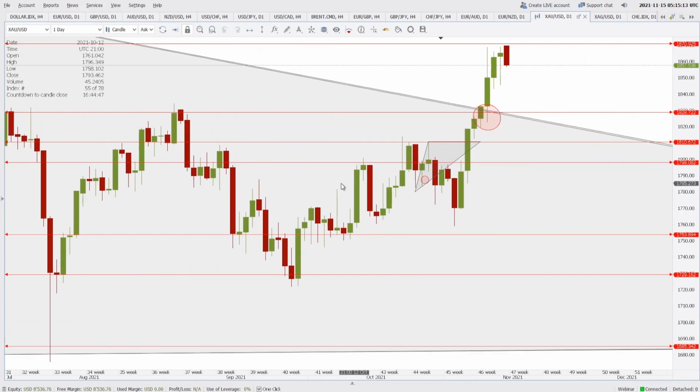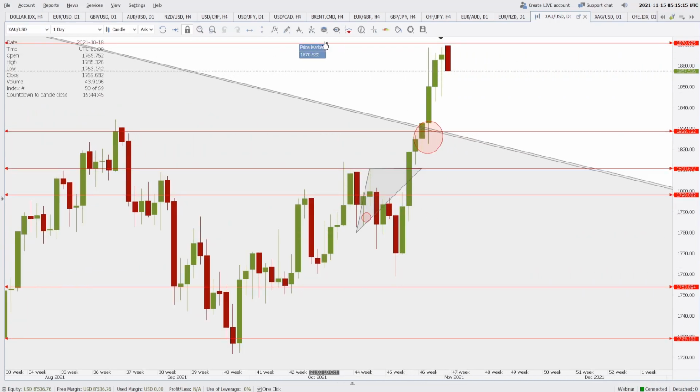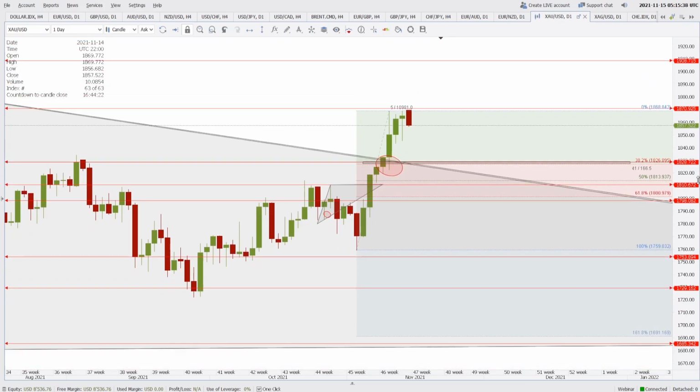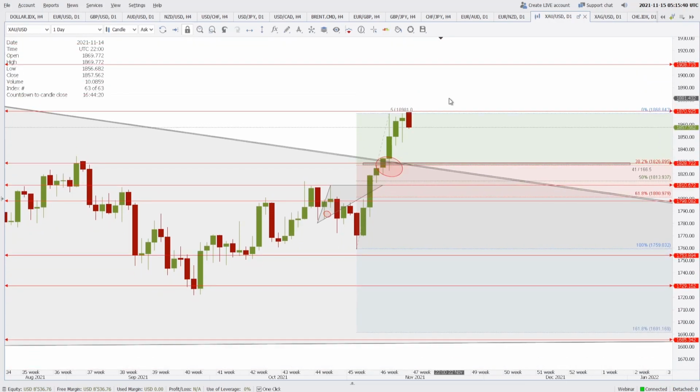Another thing is that from this rise here, if you draw the Fibonacci, then I'm expecting the 23% and 38% levels to hold. That is also in line with the 1828 level. So expect, my friends, this level to hold as a very good support for the price. From 1828, expect a lot of buyers to emerge in this market to take it higher in the long term.